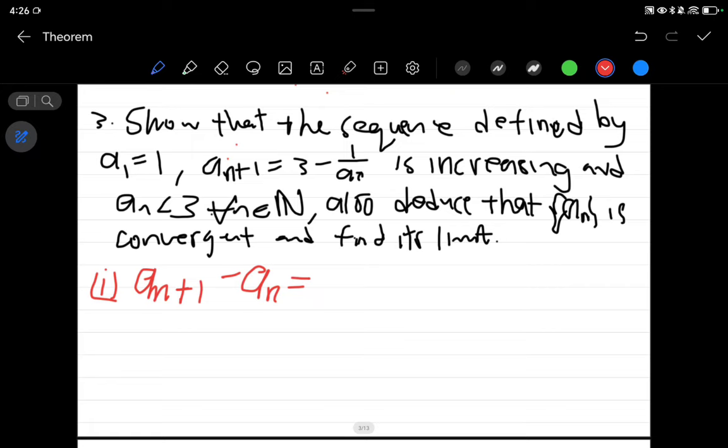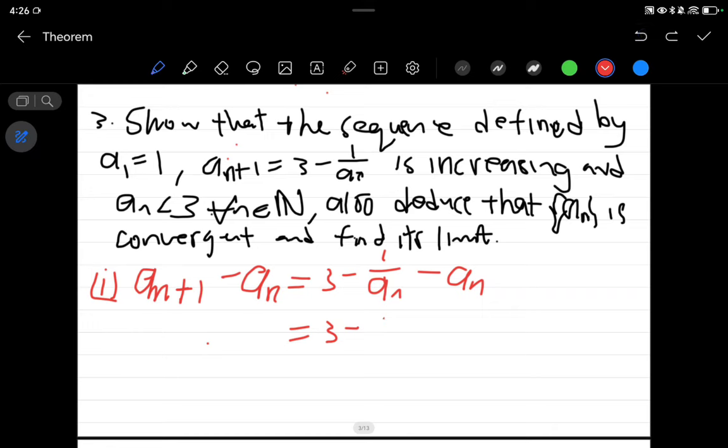What I know about a of n plus 1 is this, so I'm going to write 3 minus 1 over a of n, minus a of n. This would be 3 minus, this times this, it's fine.